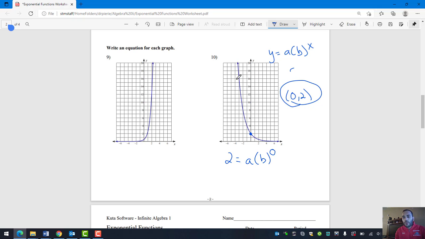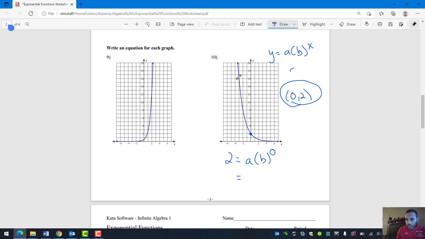Okay, so based on what I have here, I'm trying to solve for what a and b are equal to. But what do I know? If I see b to the 0 power, I know that anything raised to the 0 power is still going to spit out a 1. So I can simplify the right side of this equation. b to the 0 power is equal to 1.